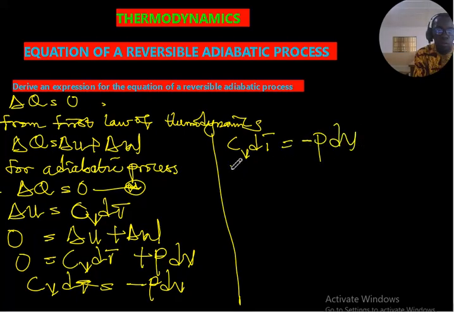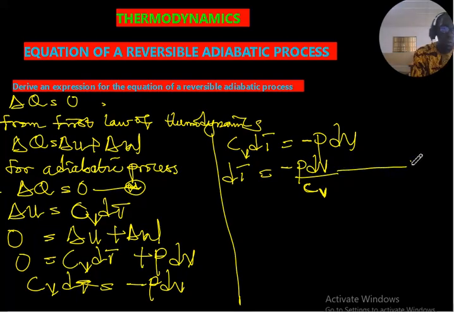Divide both sides by Cv, therefore dT is going to be minus P dV over Cv, where Cv is the molar heat capacity at constant volume. Call this equation 1.